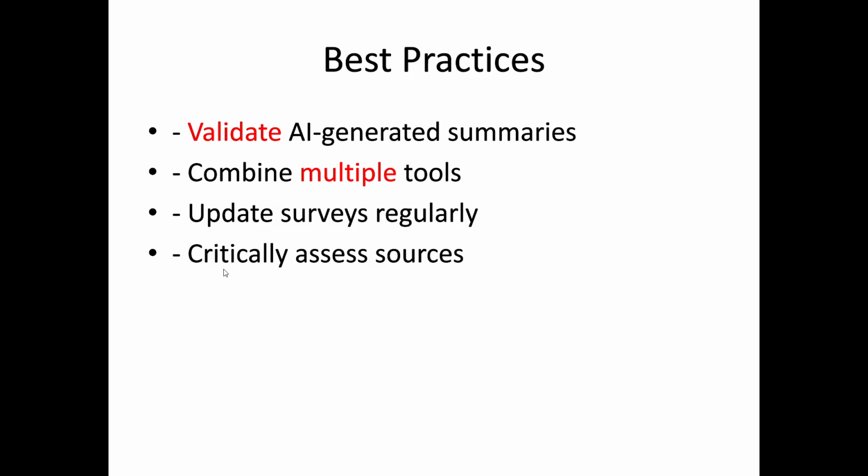And also you need to be very careful about the sources cited by the AI generated content. Typically, it may be incorrect, or sometimes, most of the time actually, it does not exist. Okay, so all these sources need to be verified, validated, okay, carefully.